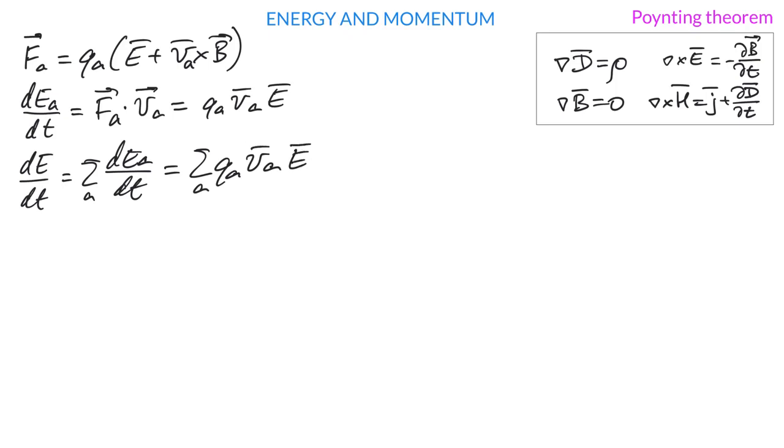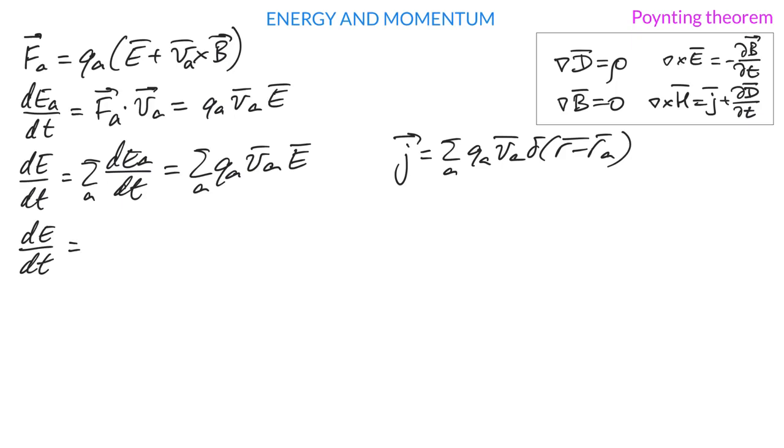Now we know that the current density is defined as the sum over particles of Q_A V_A delta of r minus r_A. So dE by dt can be written as a volume integral of J dot E integrated over all space. So J dot E is the rate of energy change of the particles per volume.